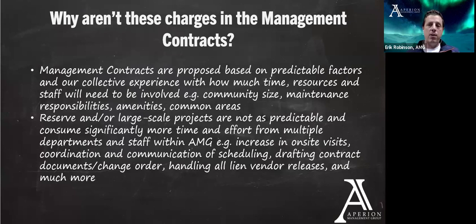If you have a landscape vendor or a pool vendor or a snow removal vendor, those are known things that we can predict. Otherwise, we're looking at reserve and large scale projects.